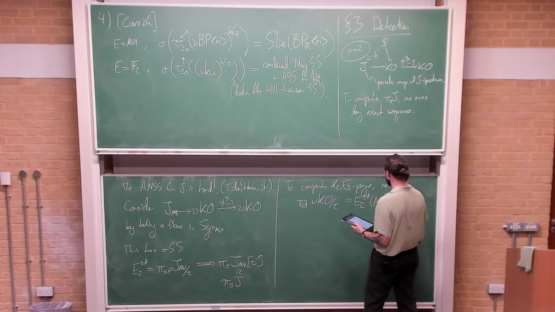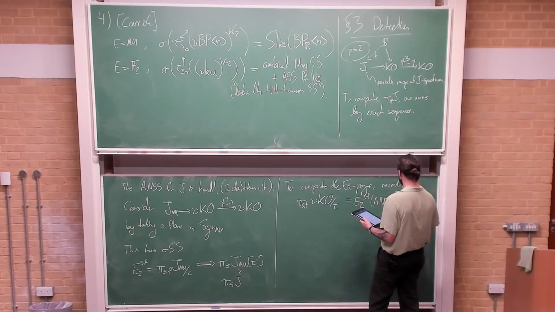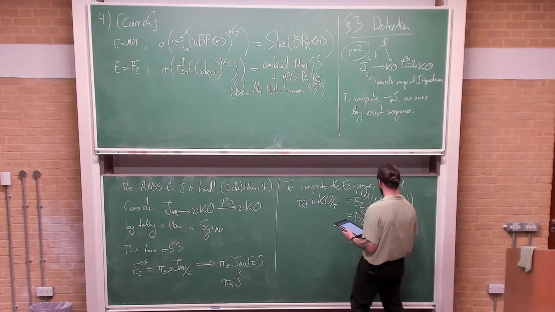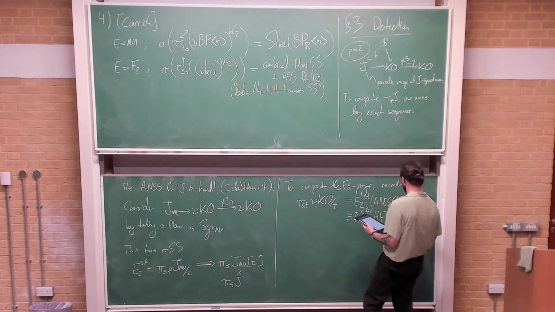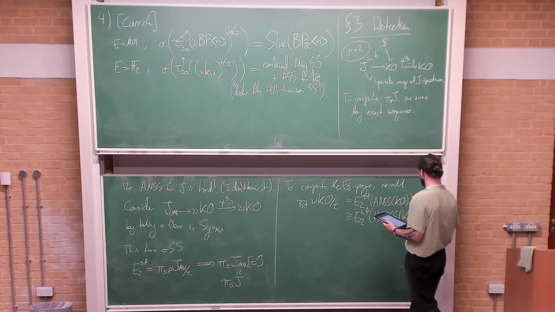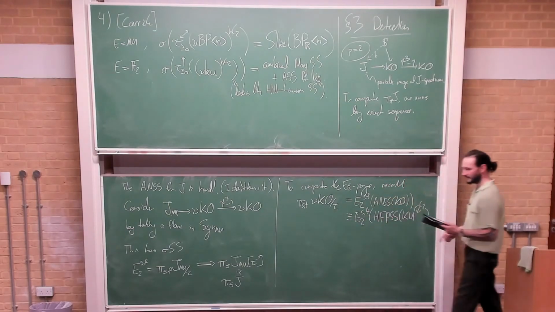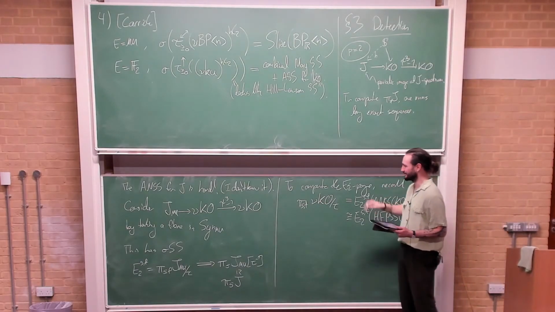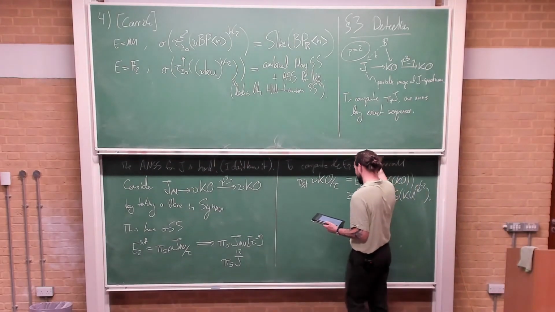priori, it's the Adams-Novikov spectral sequence for KO. And then I told you as well that this is the same as the E2 page for the homotopy fixed point spectral sequence for Ku with this complex conjugation action. Okay? And now this is just really straightforward to prove, to do this long exact sequence argument.